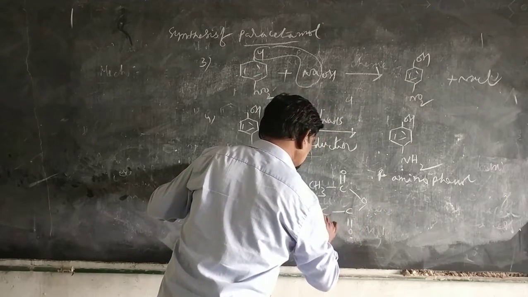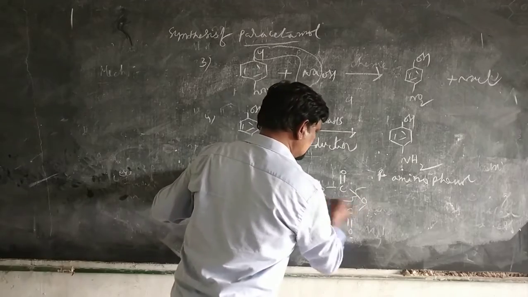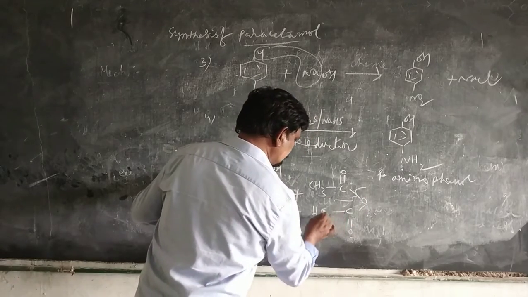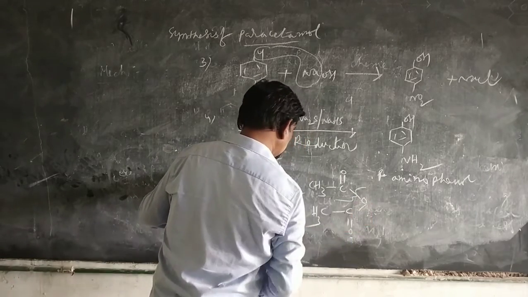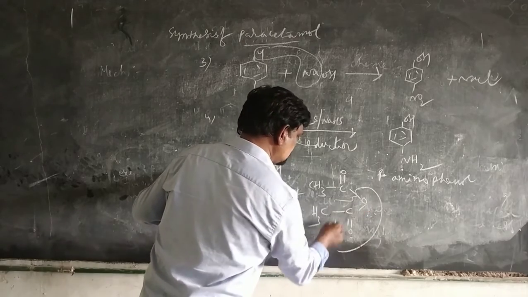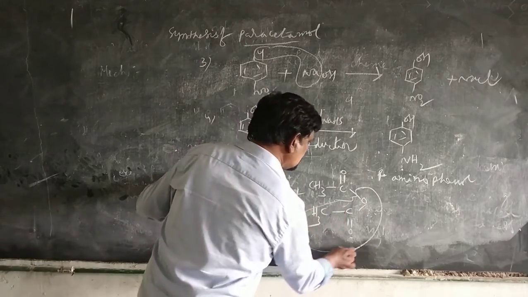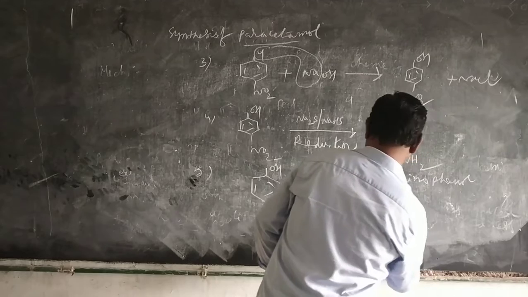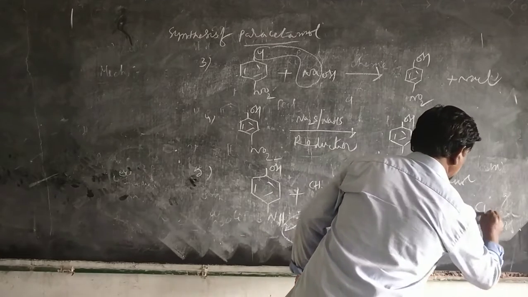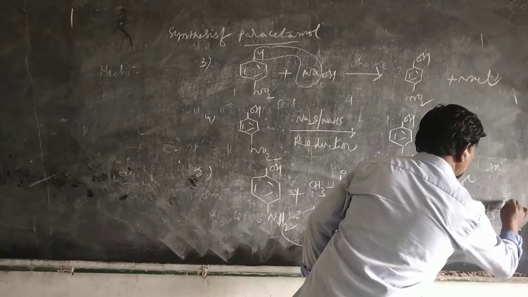The bond breaks, and CH3COO minus takes a proton, eliminating acetic acid, CH3COOH.